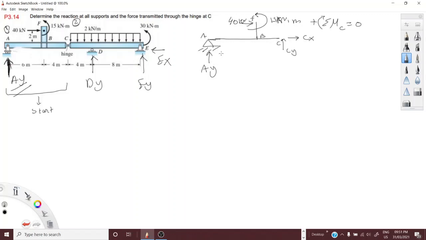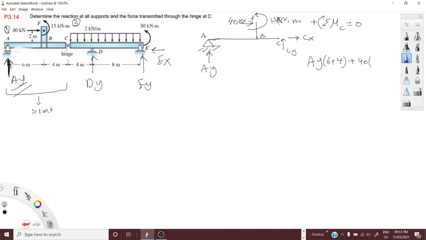But we need also to do the 15 kilonewton. Let's finish with AY first. So AY clockwise, AY times 6 plus 4, which is 10, plus 40 clockwise, since it's going like this.